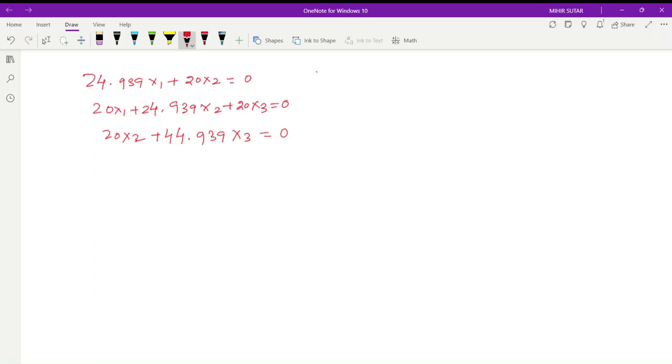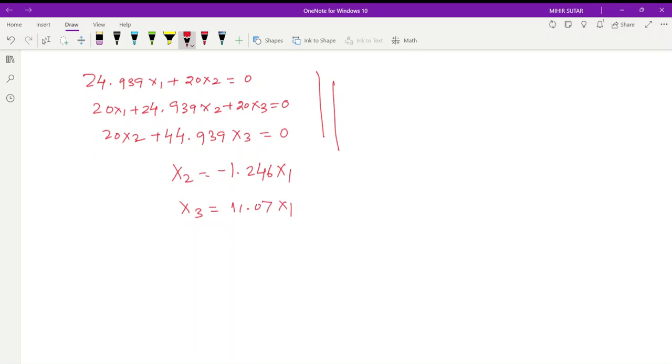So from this set of equations we can have x2 as minus 1.246 x1 and x3 will be 11.07 x1.